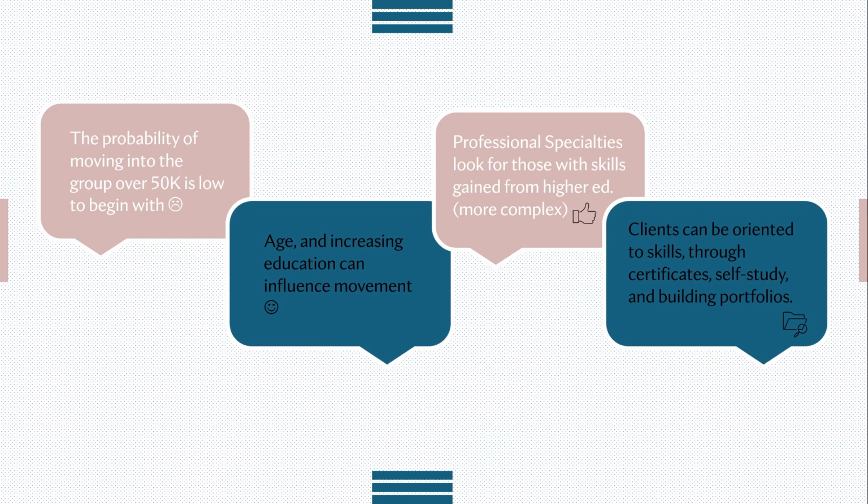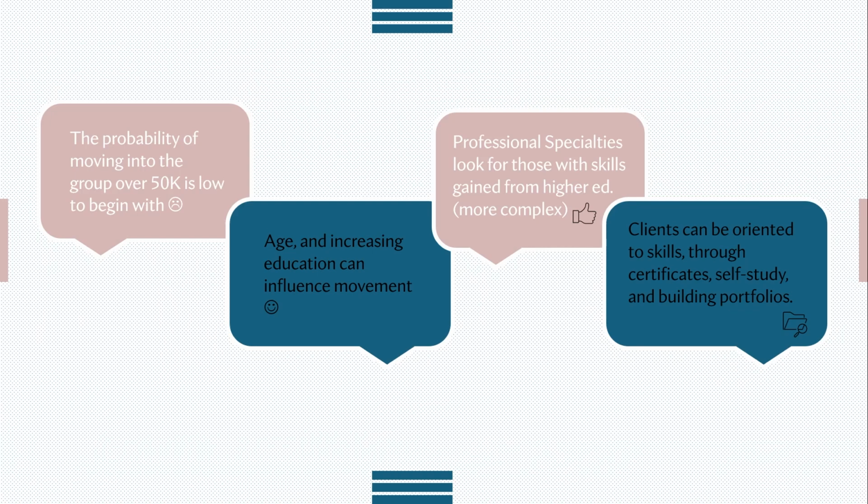So if the clients are oriented to the types of skills that are required for the jobs that they're interested in, people can self-study in the correct direction, or they can acquire the correct certificates that they need to move in the direction they want to go, and then help them focus on building their portfolios to showcase those skills.